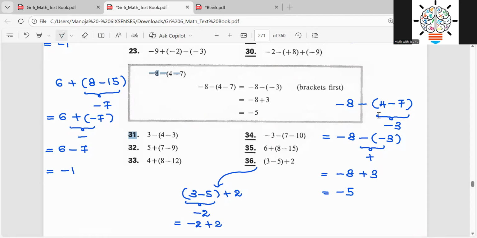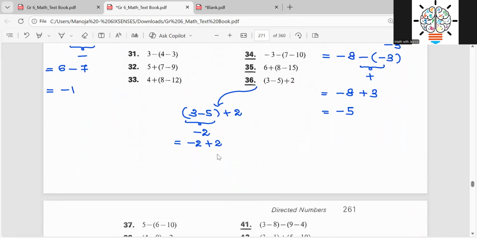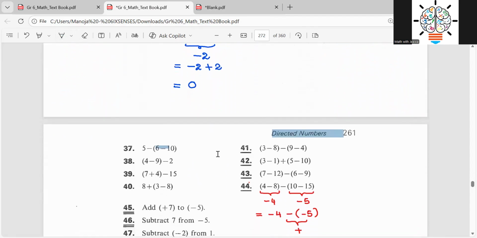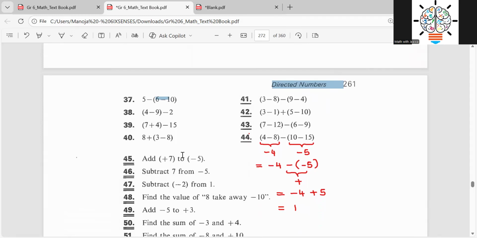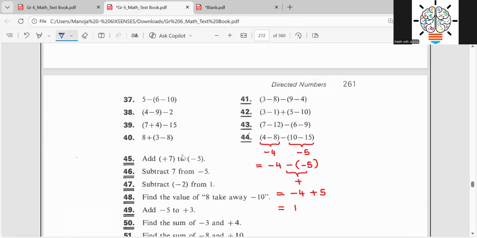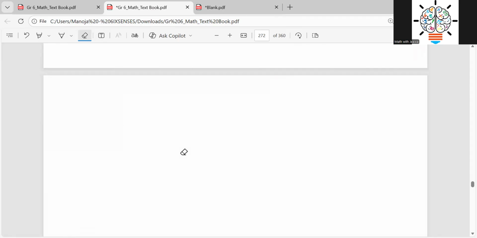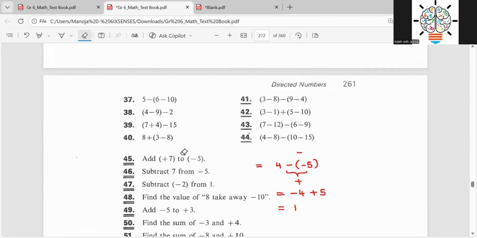Minus 2 plus 2, what is the answer, children? Minus 2 and plus 2, so then it becomes 0, right? We write it as 0, right? Then we will move to these questions, question number 41 to 44, right? That 44 only I have done. I will erase that, so then we can discuss these sums.